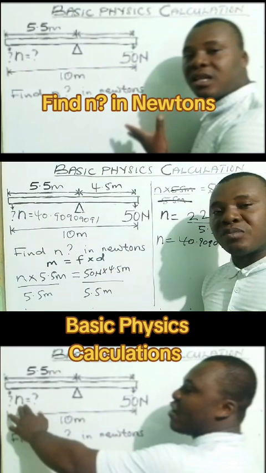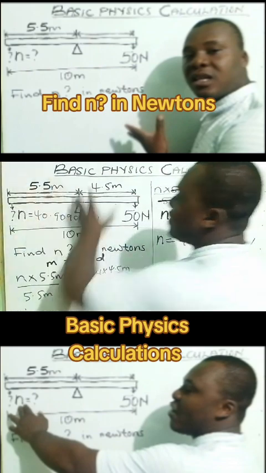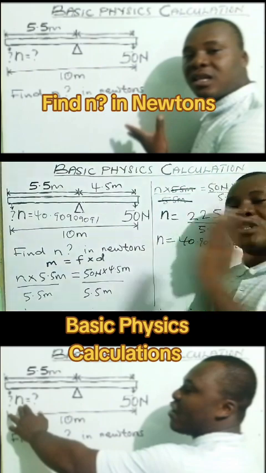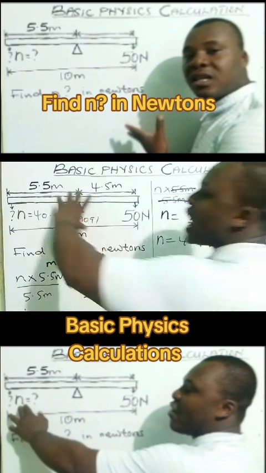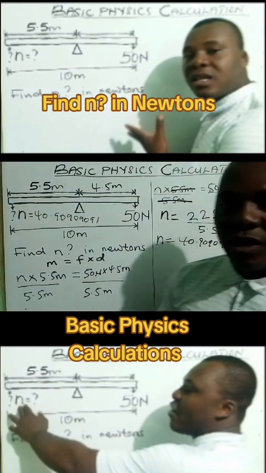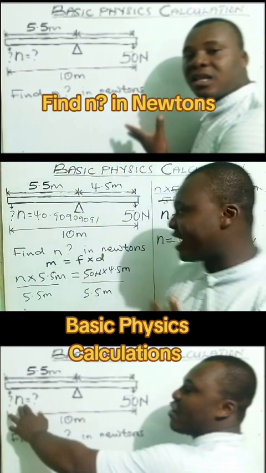That is why we call it perpendicular. So the force here and the force here must be the same to bring this line into a straight line, so that we have the same value here and here. That is what we call equilibrium. So at the end of it all, this is the answer.